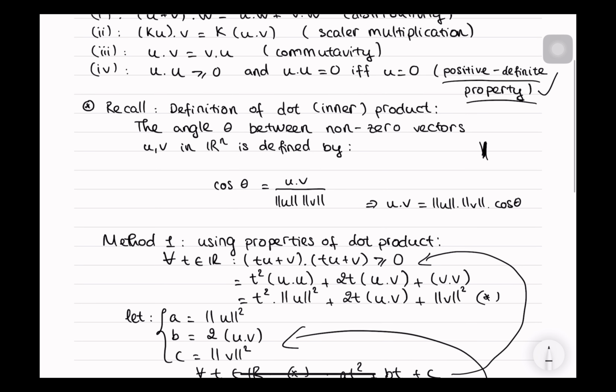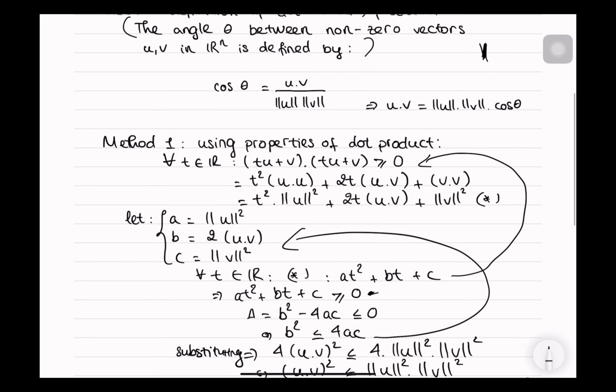So as we defined here, the angle theta between non-zero vectors u and v is defined by uv equals to the norm of u multiply the norm of v multiply cosine of theta.